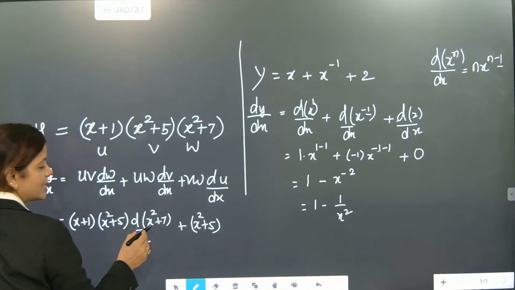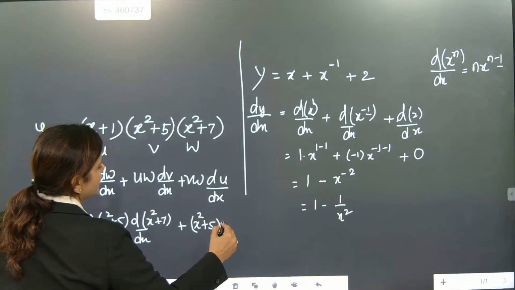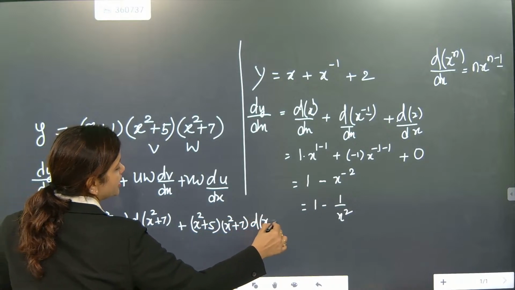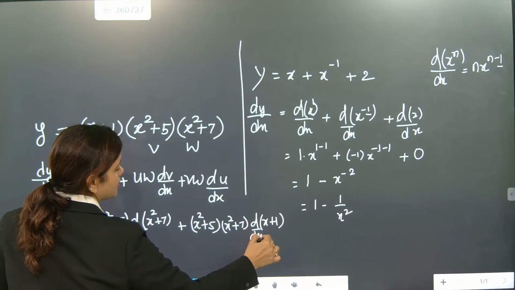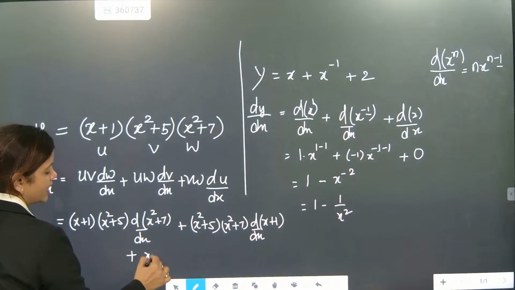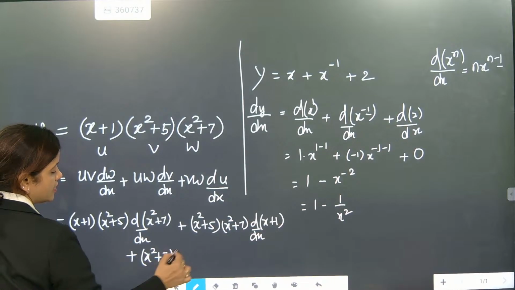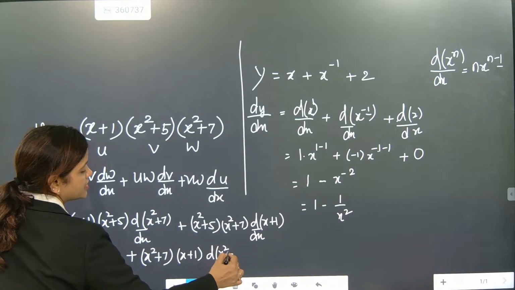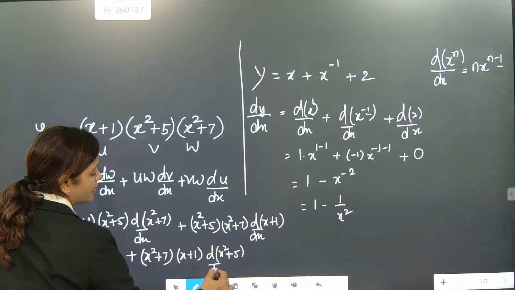First time I differentiated this one, and then in the second I am differentiating x plus 1, leaving x square plus 5 and x square plus 7. Now this time I am leaving x square plus 7 and x plus 1 and differentiating x square plus 5 dx.